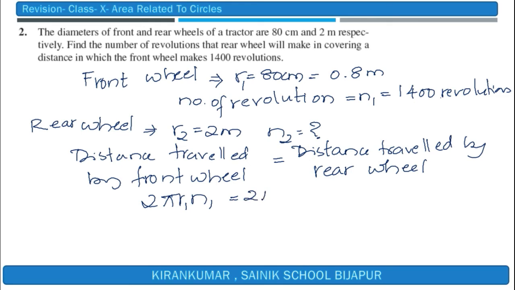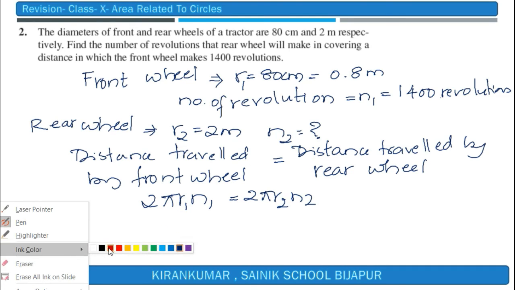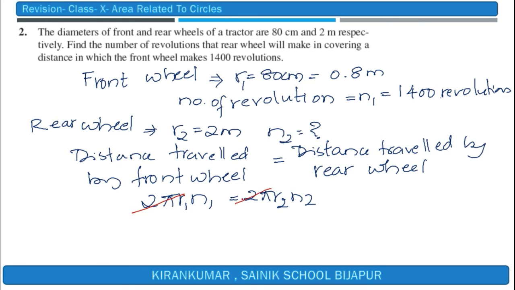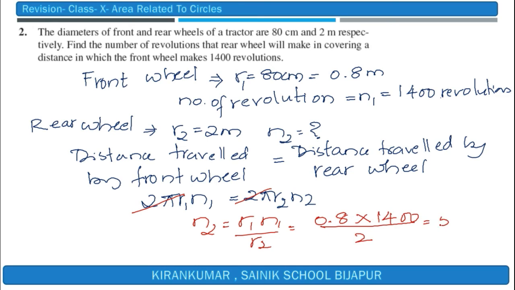This will be equal to 2 pi R2 N2. Let's cancel this 2 pi out. I get N2 as R1 N1 divided by R2. This will be equal to 0.8 times 1400 divided by 2. On simplification, we get it as 560. So the number of revolutions made by the rear wheel is 560.